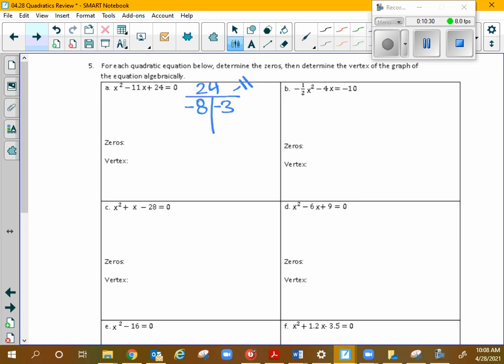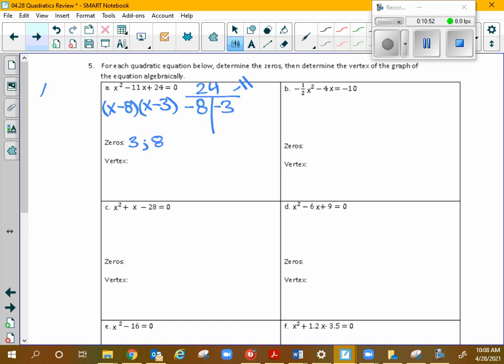Boom, boom. Okay. This one's a quick one because A is 1, so what are my two factors? X minus 8 and x minus 3, but then my solutions will be positive 8 and positive 3.